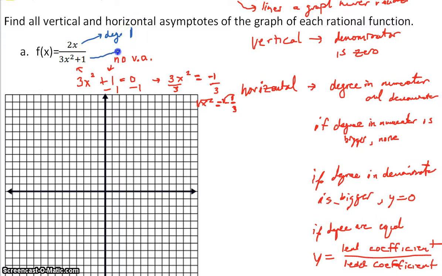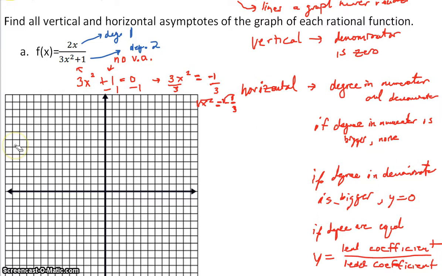The denominator is a degree 2. So the denominator's degree is bigger. So if the degree in the denominator is bigger, then this right here is going to be your vertical, or excuse me, your horizontal asymptote.